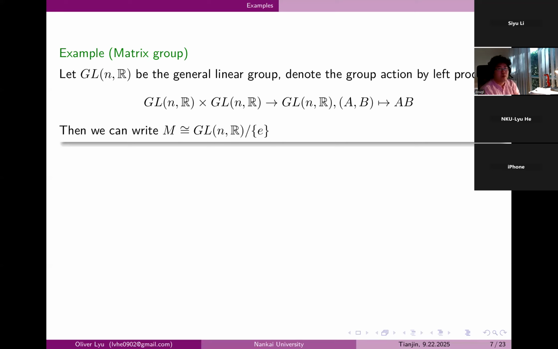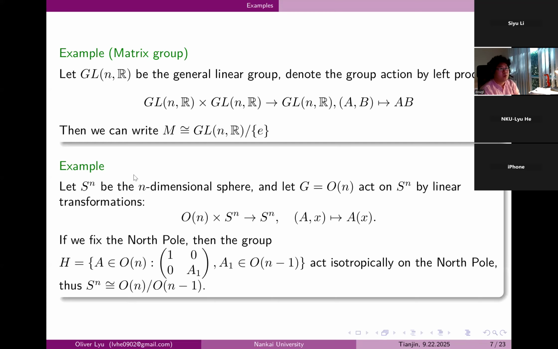So if you arrange things correctly, you can pull the Lie group properties to the homogeneous space. But in some cases, we cannot do that.